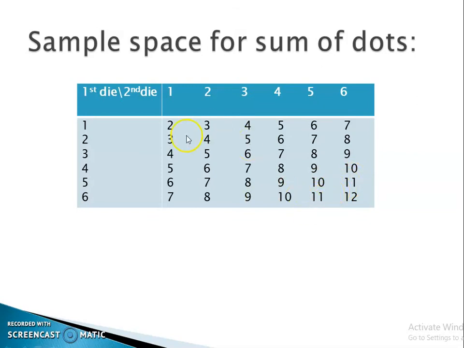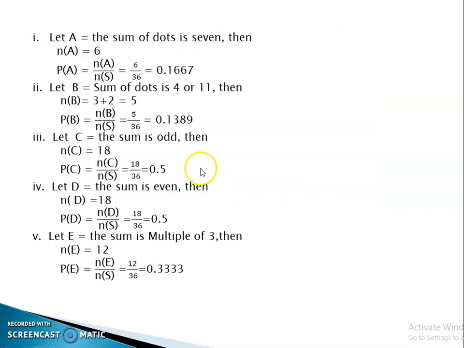There are a total of 18. Out of 36 outcomes, there are 18 odd outcomes. So the number of favorable outcomes is 18. Probability of C is equal to the number of favorable outcomes to the event C divided by total possible outcomes in the sample space S, which is 18 over 36 and is equal to 0.5.